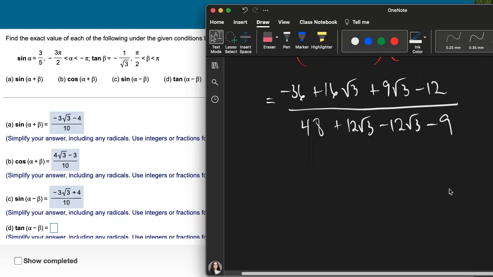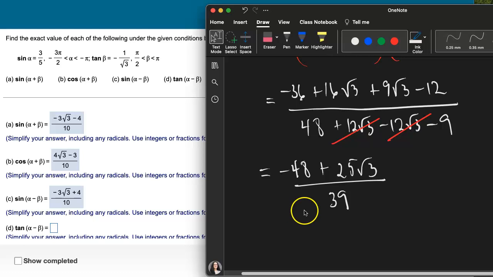Maybe you've heard of that one. But the nice thing that happens is those radical terms in the denominator will be eliminated. Let's clean this up a little bit more, combining a few more like terms. This is what we end up with. This is our final answer to what is the tangent of alpha minus beta.